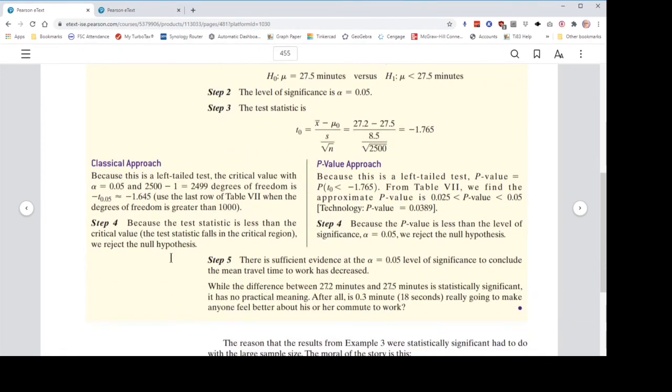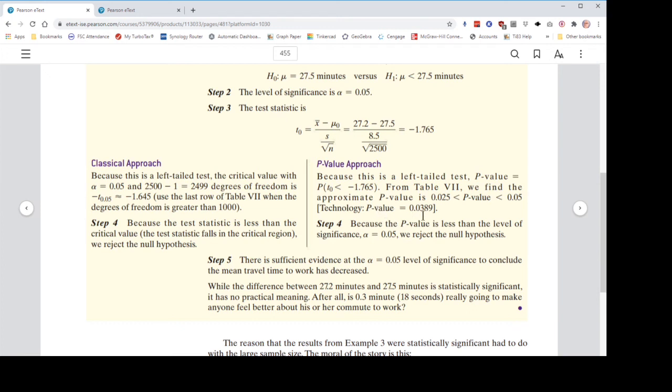I'm going to talk about the classical approach here. Well, actually, let's just talk about the p-value. If we calculate the p-value based on this information, the p-value ends up being 0.03. And remember, our alpha value up here is 0.05. That means our p-value is less than the alpha value.